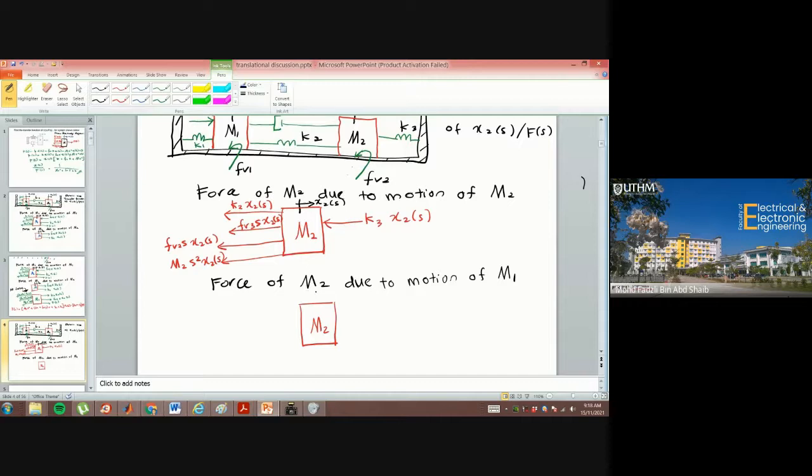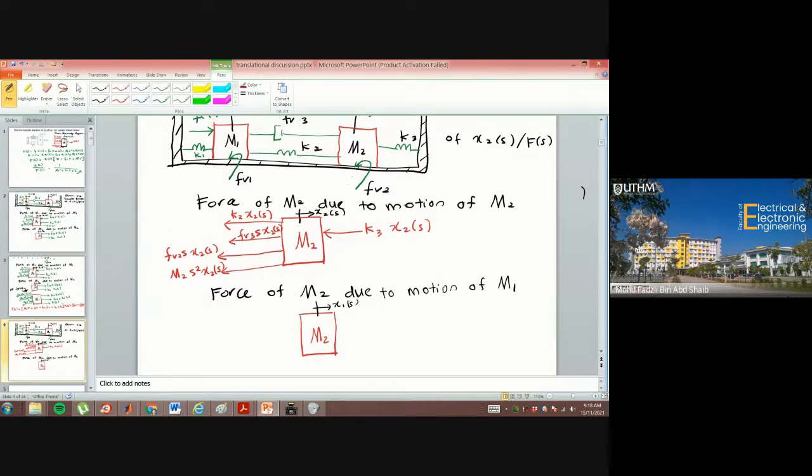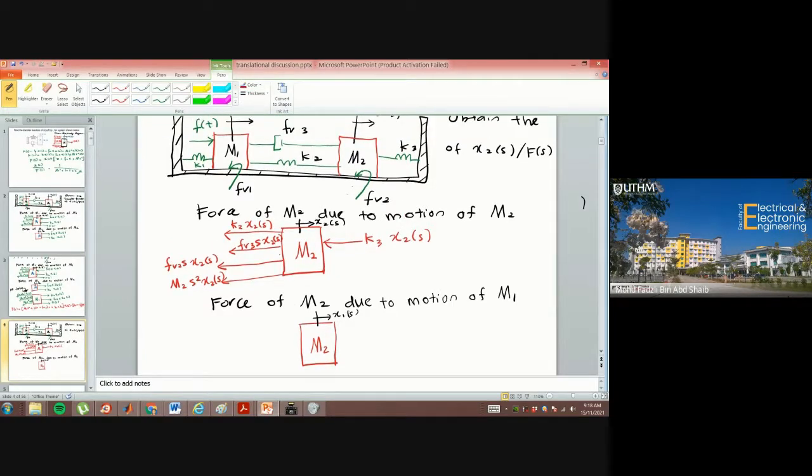This is the movement of M1, X1S. Then what is the link between M1 and M2? We have FV3 and K2.